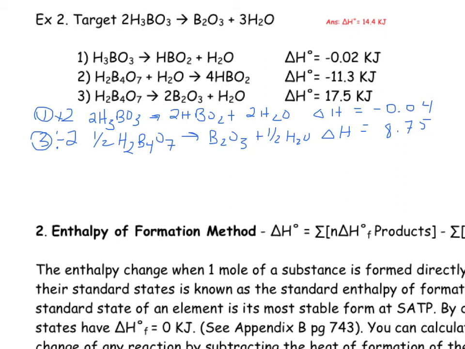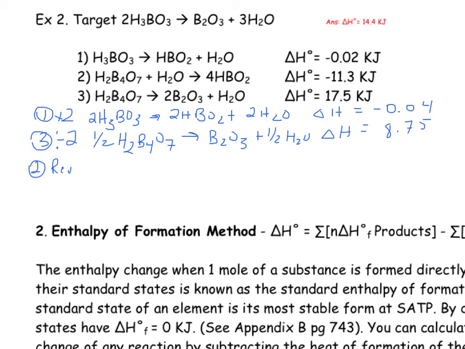Now if you look at the target equation, there's no H2B4O7, but unfortunately here I have half a mole. I'm going to use equation number 2 to get rid of it. If I take equation number 2, and if I reverse it, that will get the H2B4O7 on the product side, so it will cancel out the same chemical in equation number 3.